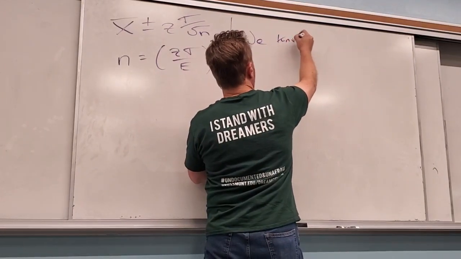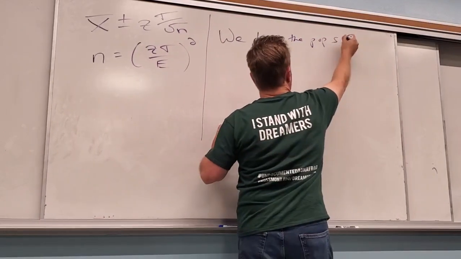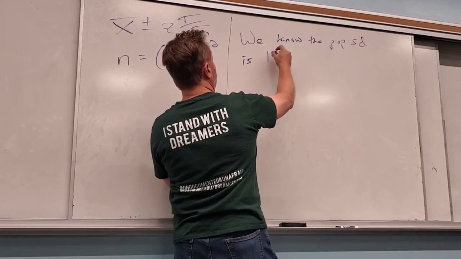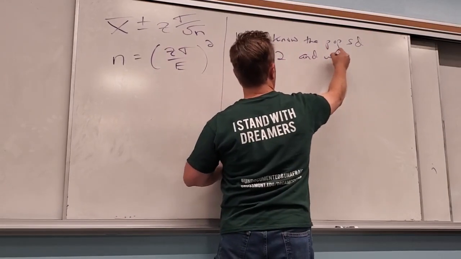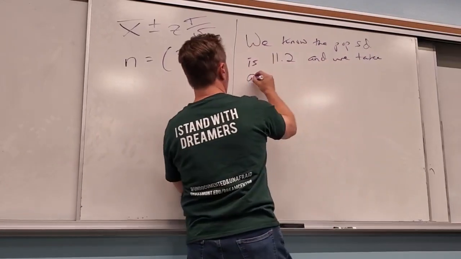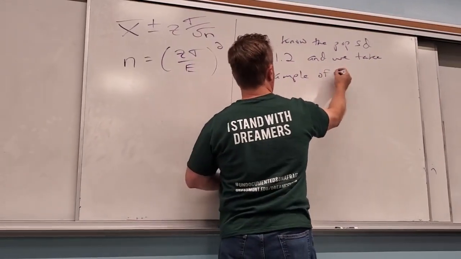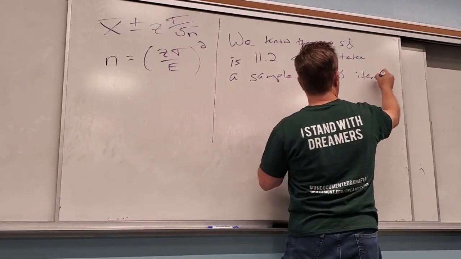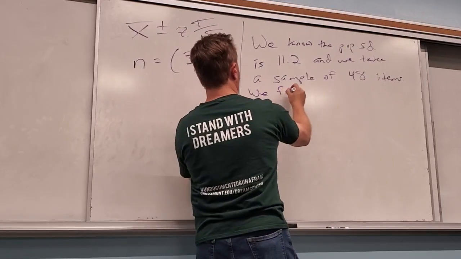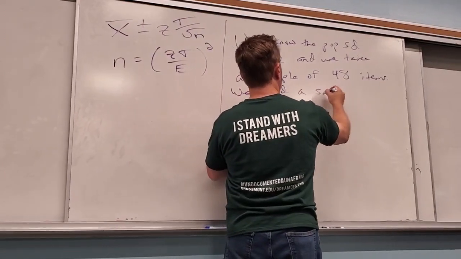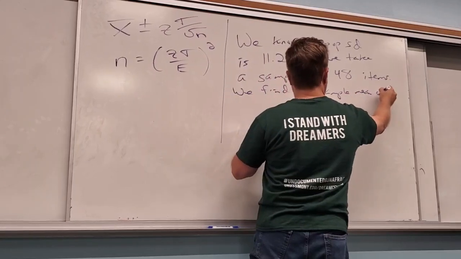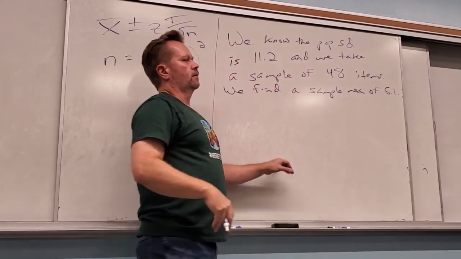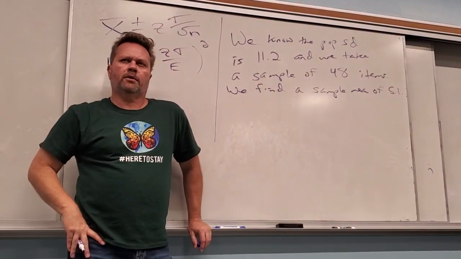We know the population standard deviation is 1.2. A quick little bare bones kind of example.